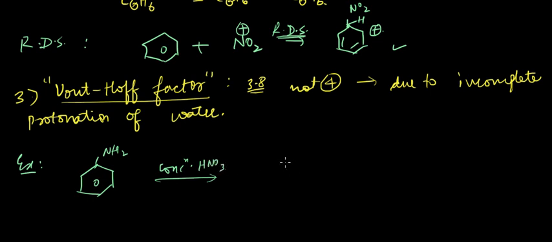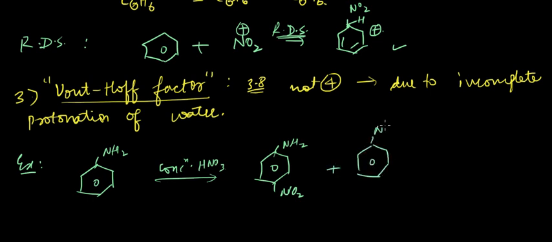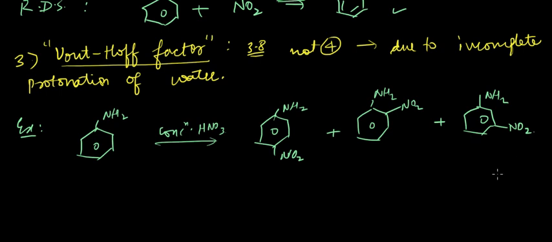So what will happen here is we would get something like this: para-substituted NO2, ortho-substituted, and meta-substituted as well. And in which ratio do we get it? This we get as 51%, this we get as 47%, and the remaining is 2%. Please remember this example. This is an important example.